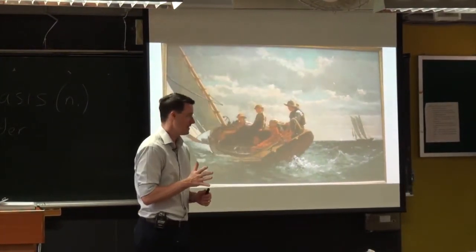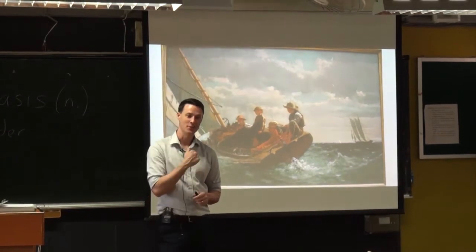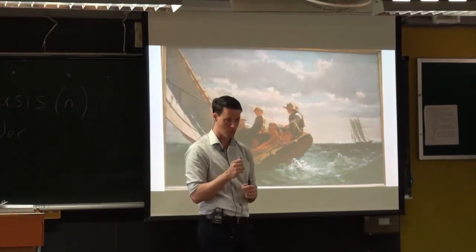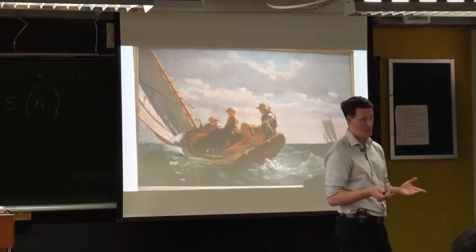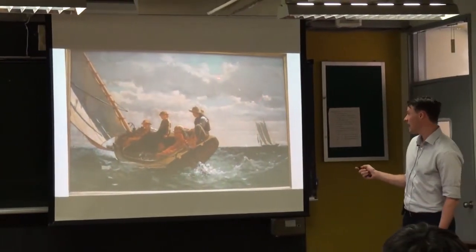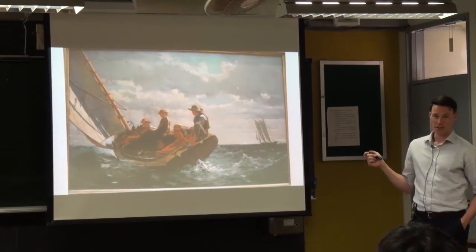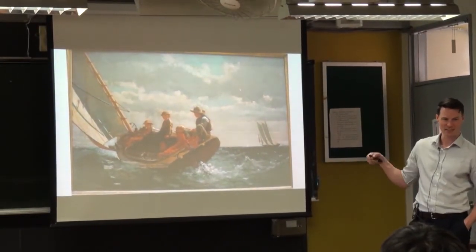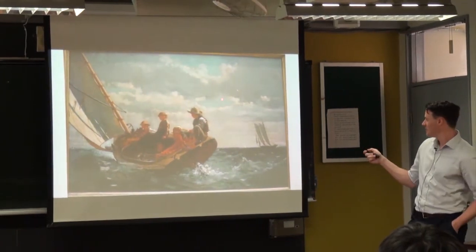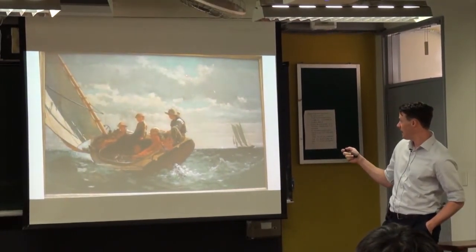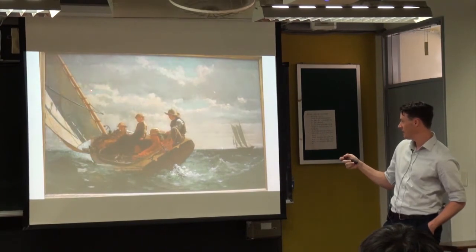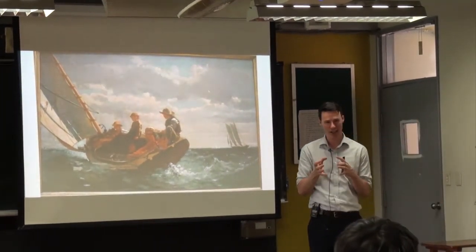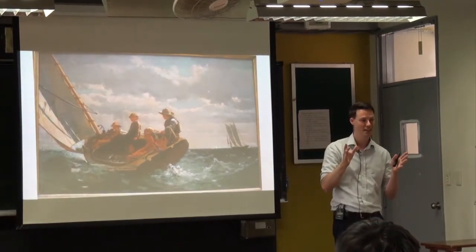I'm asking you basically to think about reading this symbolically. We're not going to talk about symbolism for a few more weeks, but maybe I could say, well, look at the sky. Even though it's mostly cloudy, there's lots of clouds, there's still some blue sky, right? The blue sky symbolizes hope.